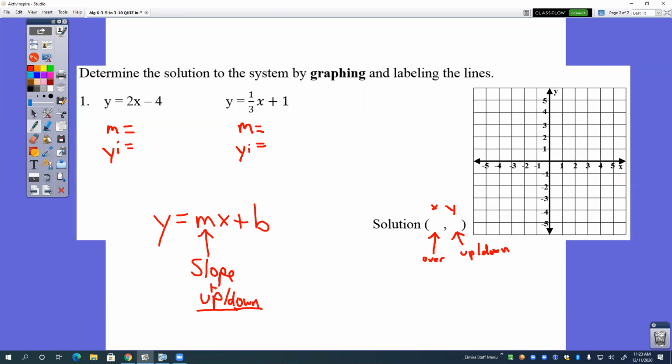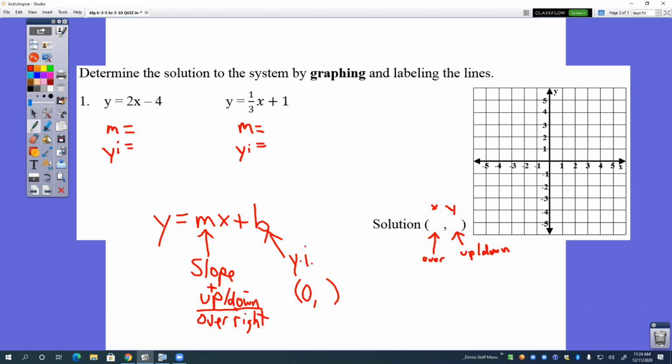Up if it's positive, down if it's negative. And then the bottom number is how many you go over to the right. Your plus b is your y-intercept. Y-intercepts are always written 0, comma, whatever your plus or minus is.